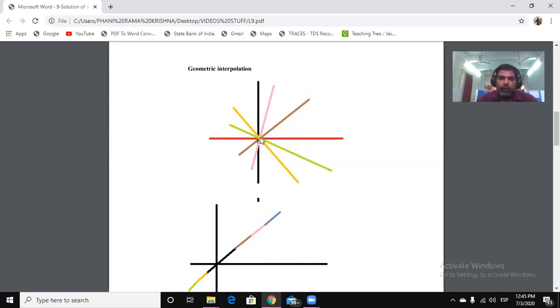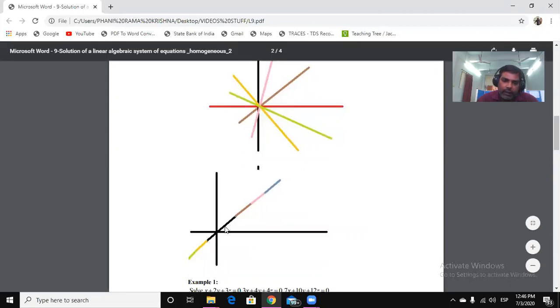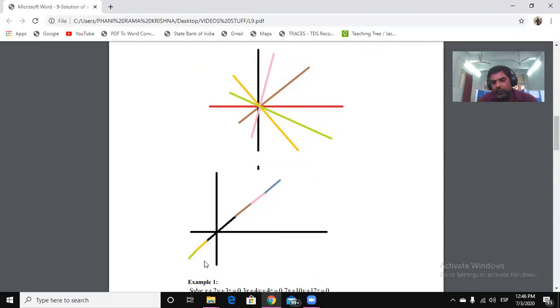What is the meaning of a non-trivial solution? Look at this, this is the line, a colored line. That means all these lines coincide on the same line. When all the lines coincide, these lines are intersecting at infinitely many points.